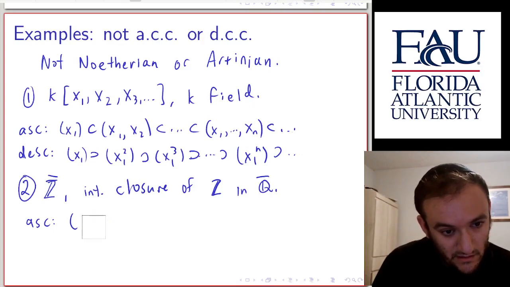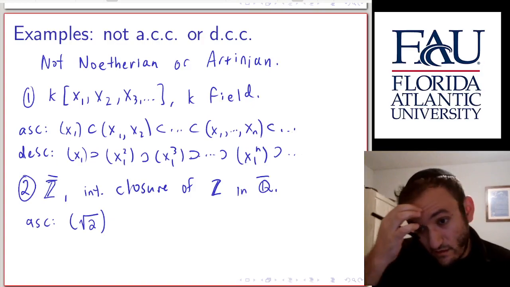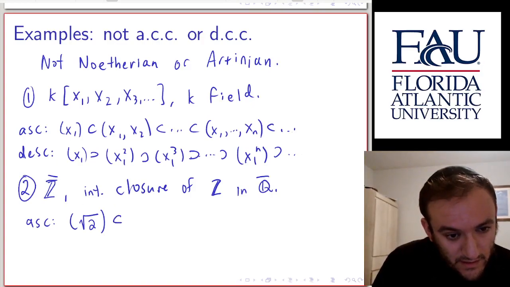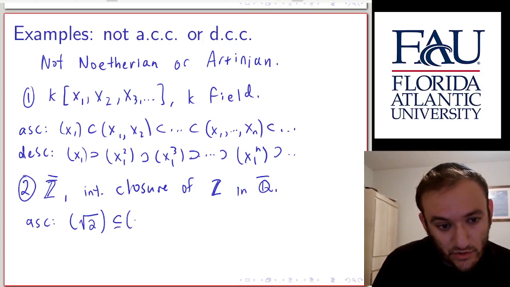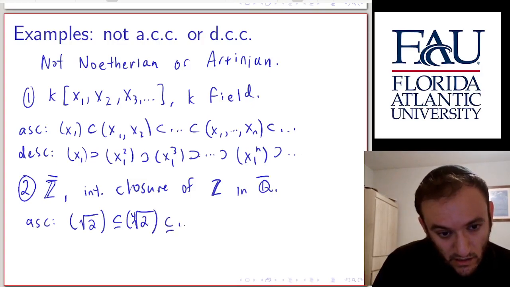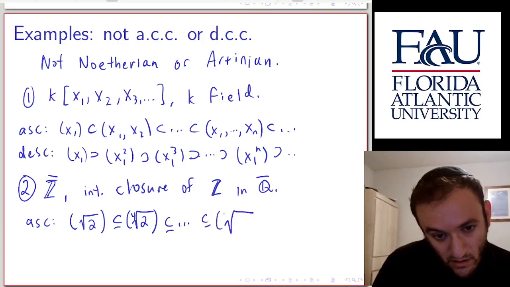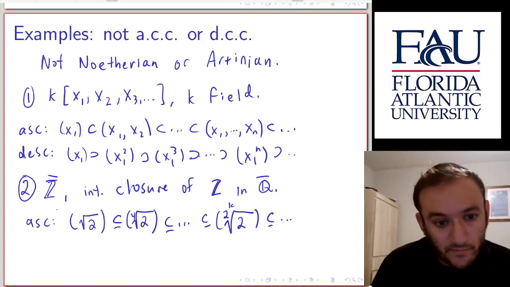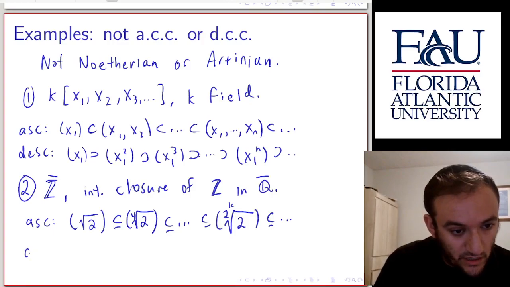This is clearly an algebraic integer, since it solves the monic polynomial x squared minus 2. But this is contained in the submodule generated by the fourth root of 2, which is contained in the submodule generated by the 2 to the kth root of 2. And this never stabilizes, so this is not a stationary chain.